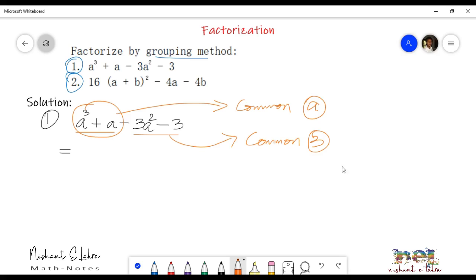All right, so what is our next step? We'll write the common terms outside the bracket.